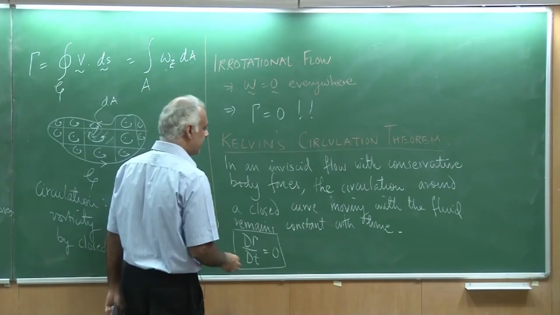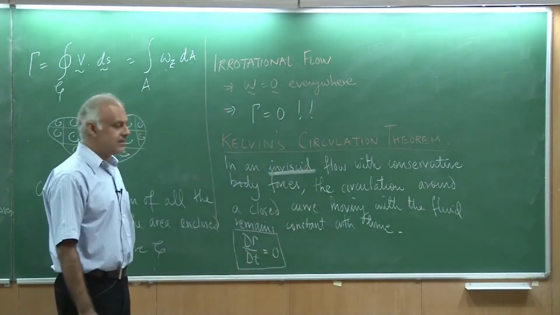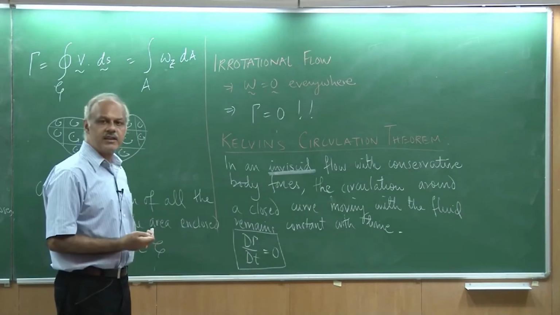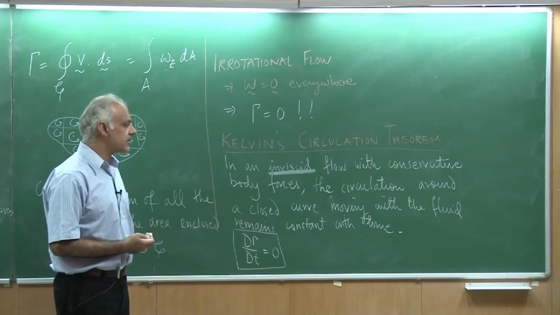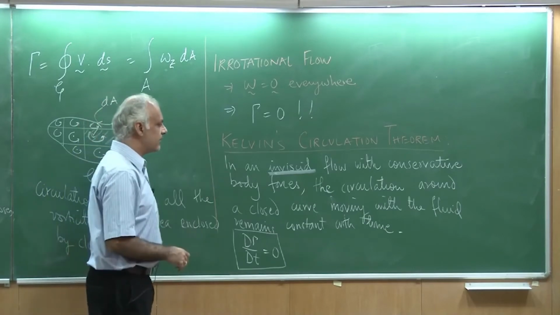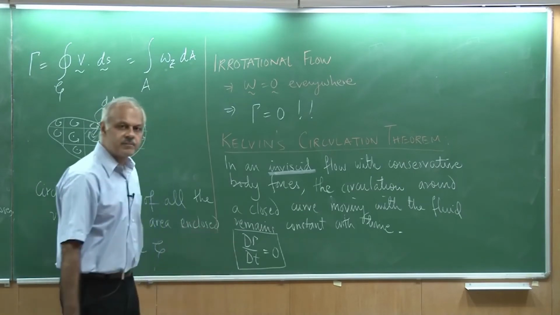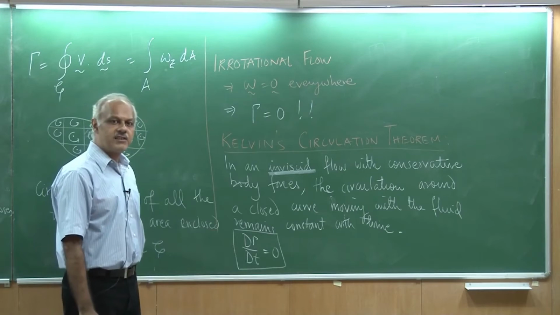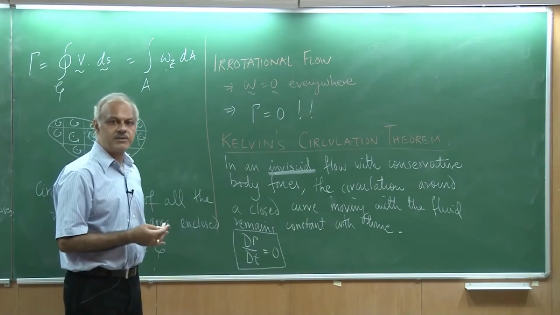Let us look at the operating conditions. If I have an inviscid flow, and of course I am only accounting for gravity as the body force, which is a conservative force, then this holds for inviscid flows. In an inviscid flow, if my flow is initially irrotational, it will remain irrotational at all times.